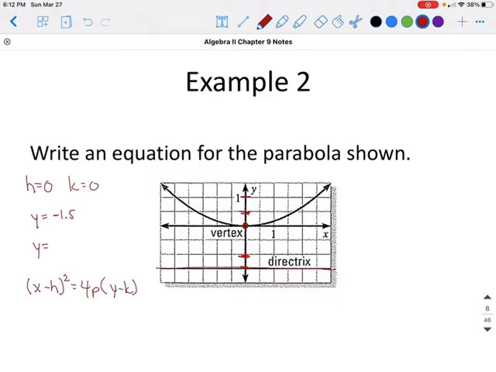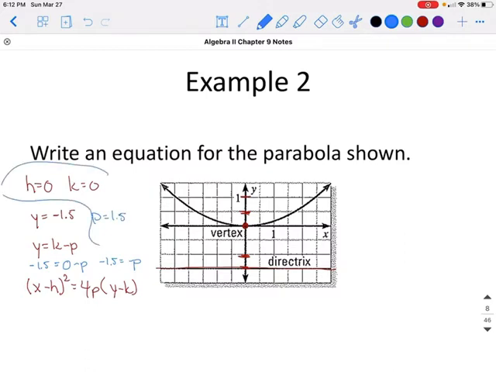But we also know that our directrix is going to be k minus p. So if our directrix is negative 1.5, we know our value of k is 0, so we have 0 minus p, or negative 1.5 is equal to negative p, which means that p will equal 1.5.